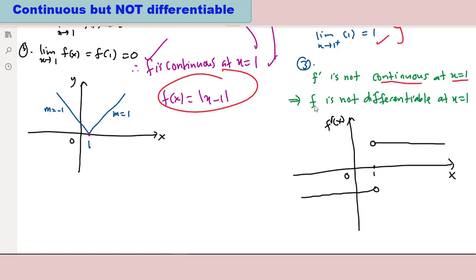It implies that f is not differentiable at x equals 1. So this is the graph. For x more than 1, the graph is 1. When x is less than 1, the graph is negative 1. And here there is no value when x is equal to 1. So from the graph, it shows that f prime of x is not continuous.